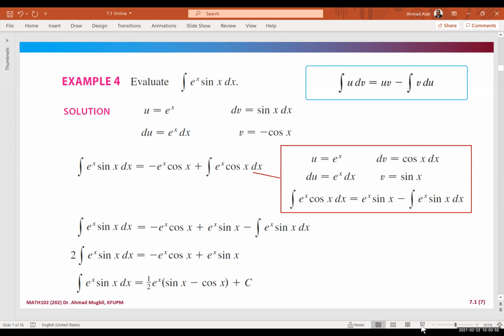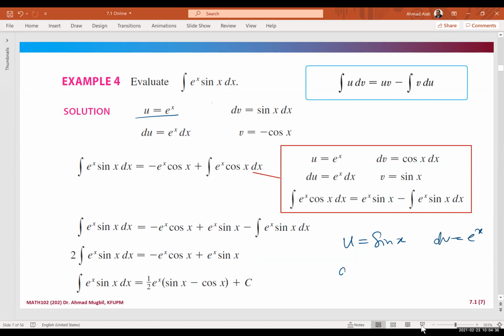In this example, we have an exponential function and a trigonometric function. It makes no difference, ya shabab. It doesn't matter here if you put u equal to e to the power x or sine x. It's okay. In this example, we used u to be the exponential function and dv to be sine x. I advise you to put u equal to sine x and dv to be e to the power x.